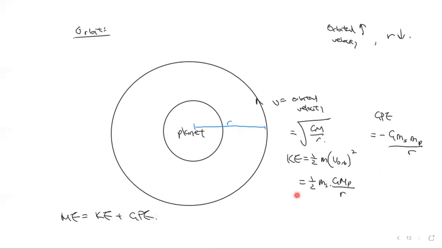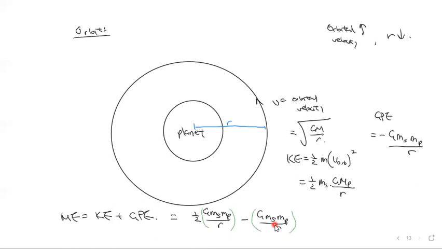So the total energy, the total mechanical energy, is just the sum of these two. Hopefully you can see that these are the same thing. It's just that this is half of it. So think of it like half x minus x. You can factor that out if you like.